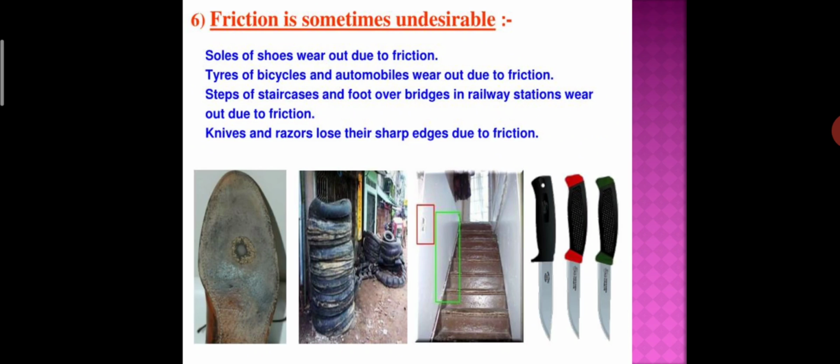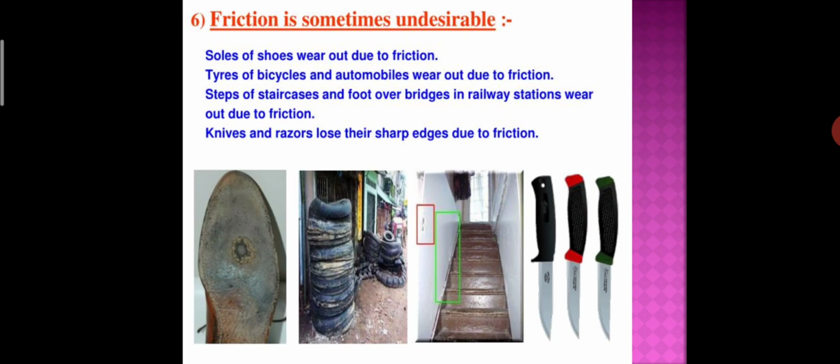Friction is sometimes undesirable, which are the disadvantages of friction. The soles of shoes wear out due to friction. Tires of bicycles and automobiles also wear out due to friction. Steps of staircases and foot over bridges in railway stations also wear due to friction.